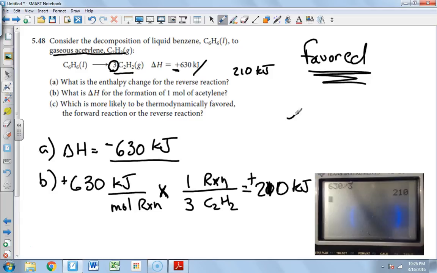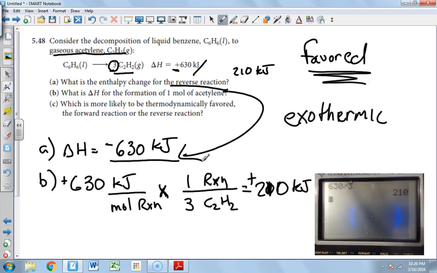Remember that it's exothermic reactions that are favored. So the reverse reaction has a negative delta H, so that is the one that is more likely to happen, or is what we would call thermodynamically favored. Or in this case, if we really wanted to get specific, it is enthalpically favored.